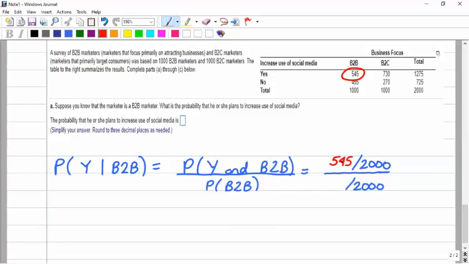How about the total of B2B? 1,000? Oh, beautiful. I don't even need a calculator for this. But yeah, I'm not saying you shouldn't. I can just tell it's going to be 0.545. I won't switch screens. I'm just going to go over there and put the answer and then fetch the next problem. Wait, I already forgot what it was. 525, 545. Let's see. 545.